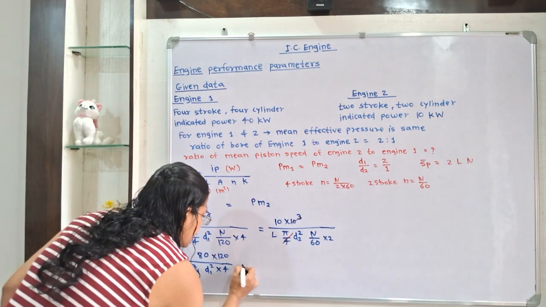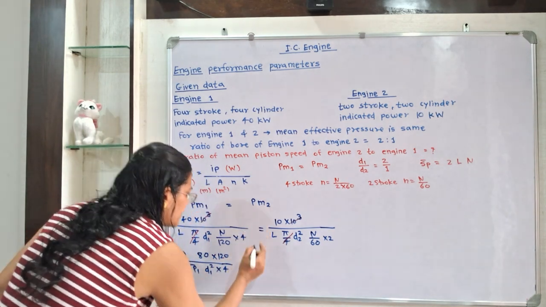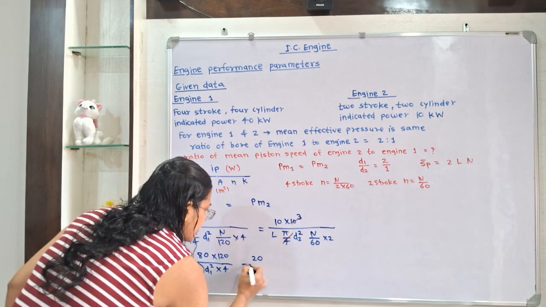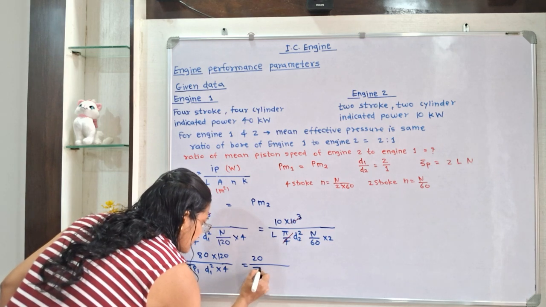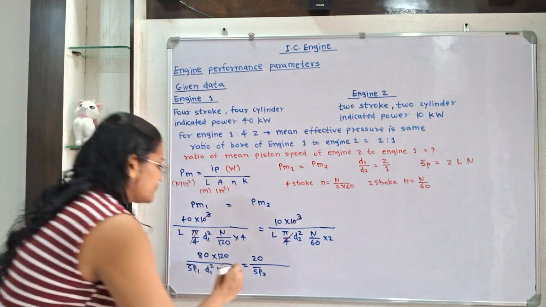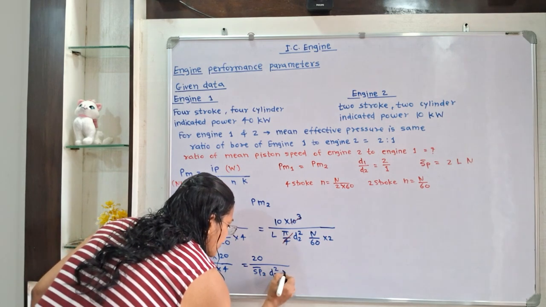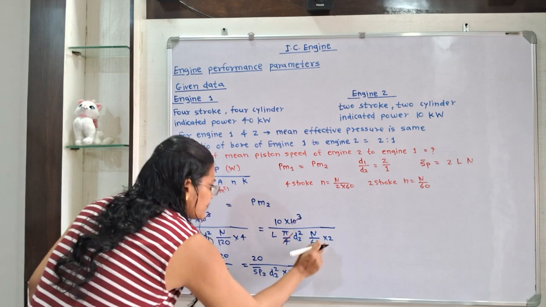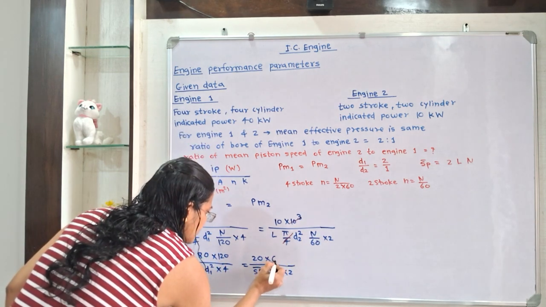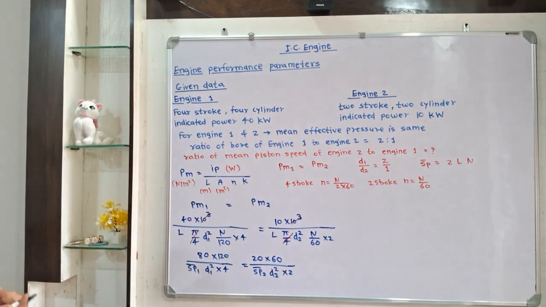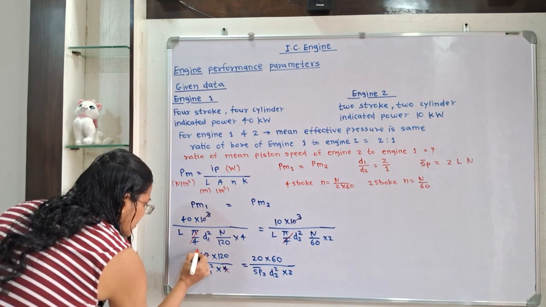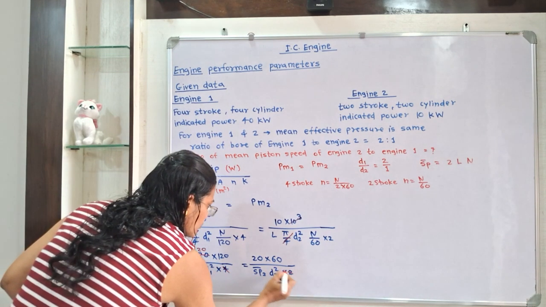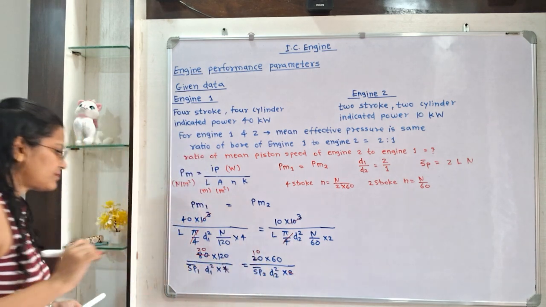In the same way we take 2 by 2, so here it will become 20 divided by 2LN, that is SP2 bar, then D2 square multiplied by 2, and this 60 I will transfer to the numerator. Now again we have to simplify this. Here 4 is getting cancelled, here is 20, here 2, here is 10.